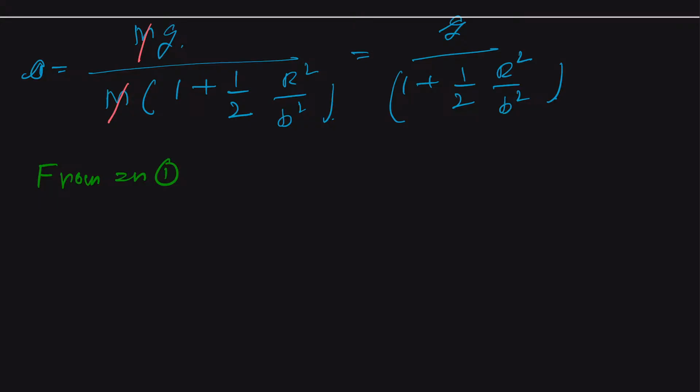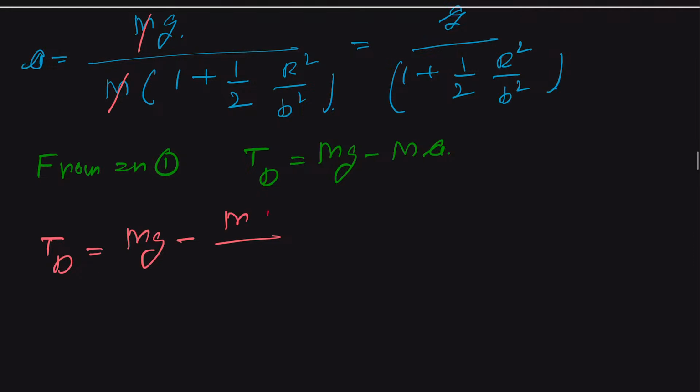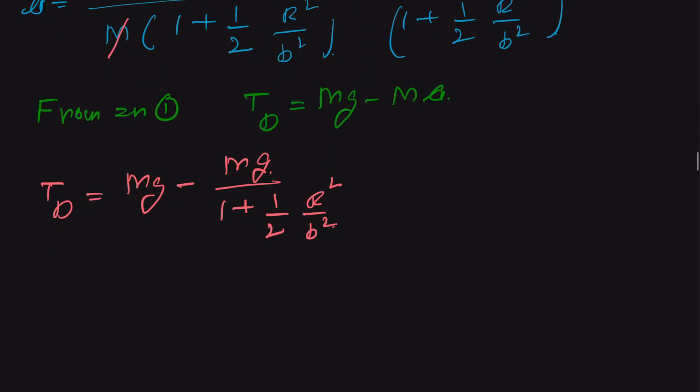Okay. Therefore we can say from equation 1 we can write our T descending will be equal to mg minus ma, and we substitute our a, so we get T descending will be equal to, we have this our mg minus, this also comes our mg 1 plus 1 by 2 r square upon B square, and we can take our mg as common.